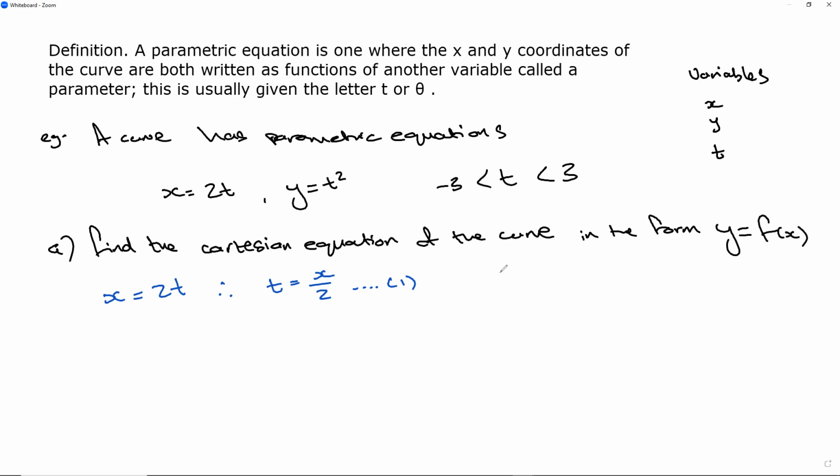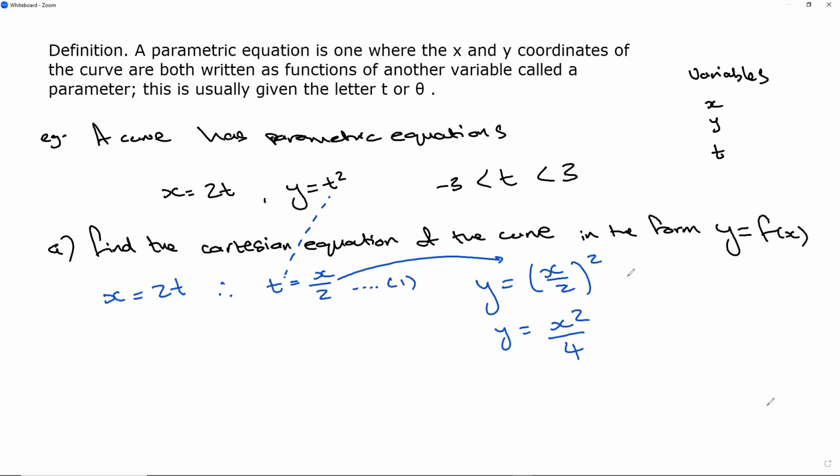And then we have y equals t squared. So we can rearrange that as well. Actually, we can substitute x into y and square it. So it's going to be x over 2 squared, because that's t. And so that becomes y equals x squared over 4.